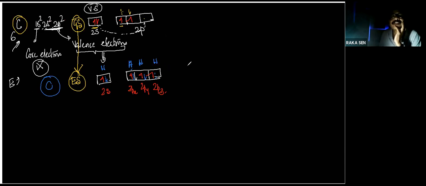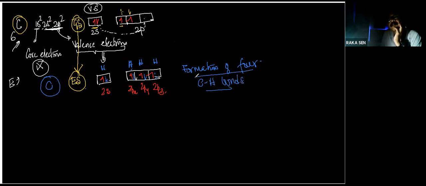So right now, by making a transition from ground state to excited state, you could actually explain the formation of 4 carbon-hydrogen bonds.